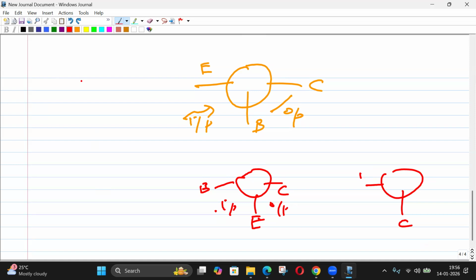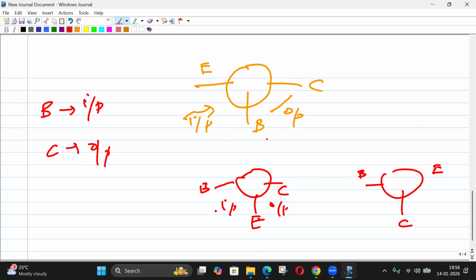Input is base, output is emitter. When the base is common, the input is emitter and the output is collector. You cannot switch it around. In some sense, the base has a tendency to be on the input side. It won't be on the output side. Base is the input only. Collector is on the output side only.